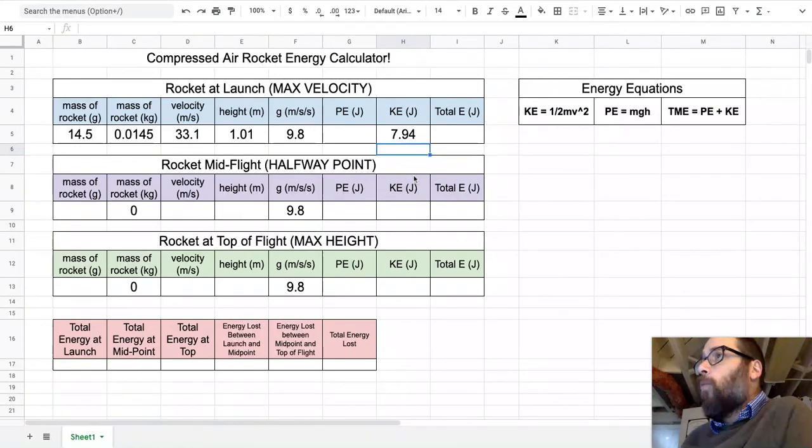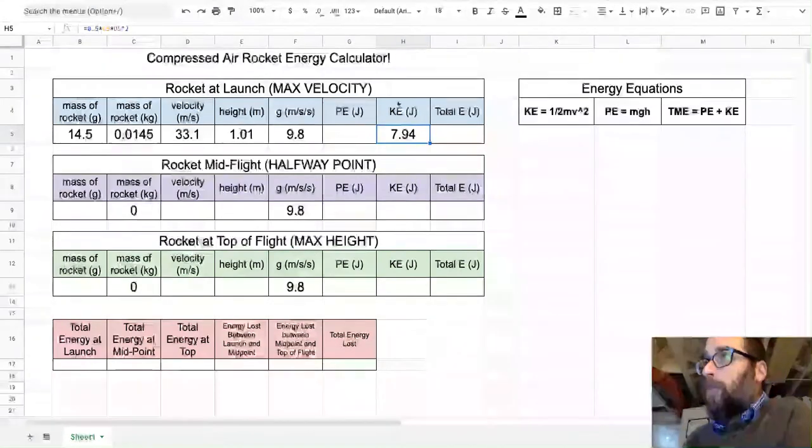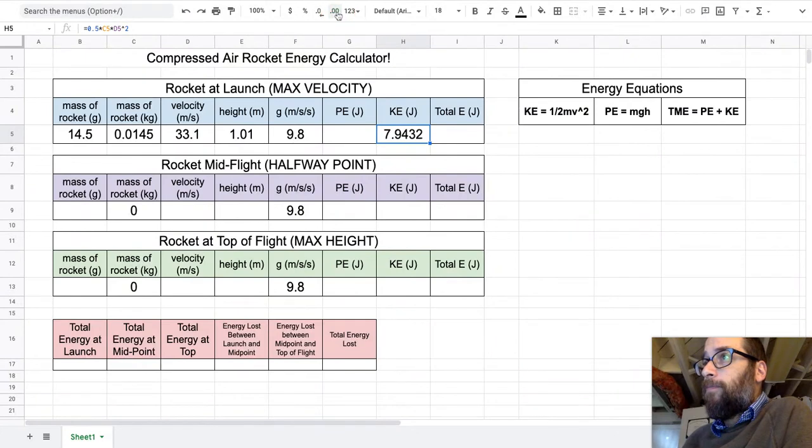Now, what might happen to you is you might get a number with a whole bunch of decimal places. You don't want that. So you can click on that cell and go up here to the 0 with the left arrow. That's a decrease decimal place tool. You can click on that until you get 2 decimal places. That's what we're looking for here.